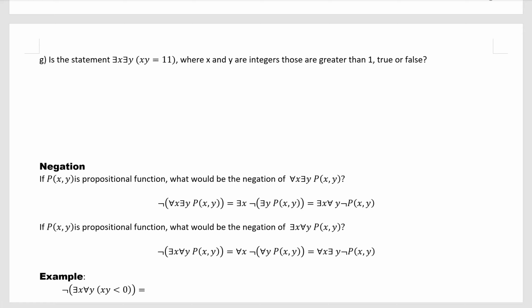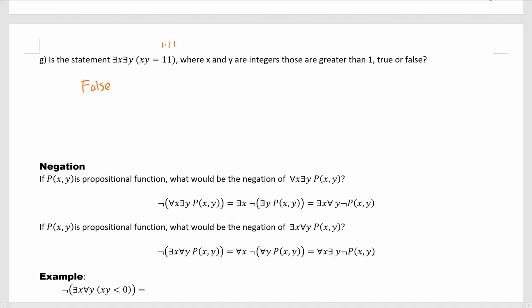So 11 can only be 11 times 1, right? This is the only positive integer divisors. It could be -1 and -11. Okay, but you can see 11 is greater than 1, but 1 is not greater than 1. So we cannot find x and y such that x times y is 11. So we know this is false.